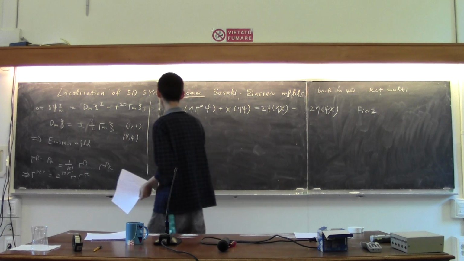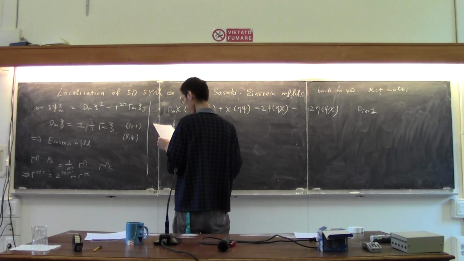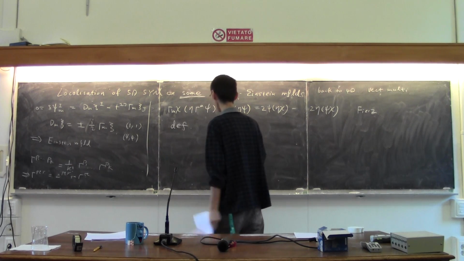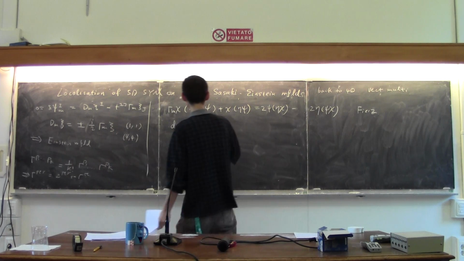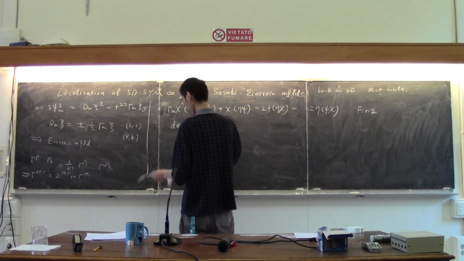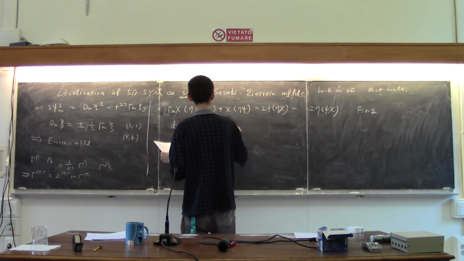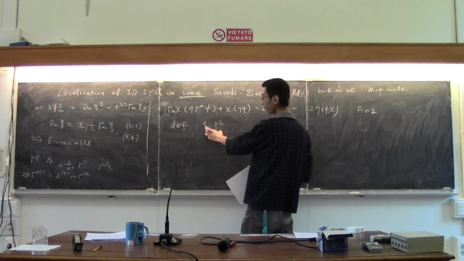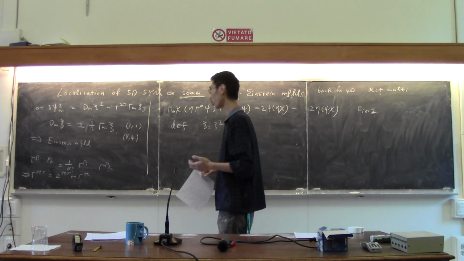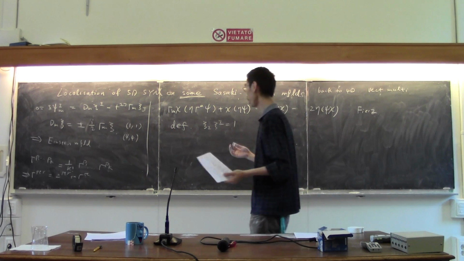We can define the following quantities. Well, first of all, let me make a remark that by using the Killing equation, you can see that this invariant combination has constant norm, which means you might as well assume that it's equal to 1. That's just a normalization.